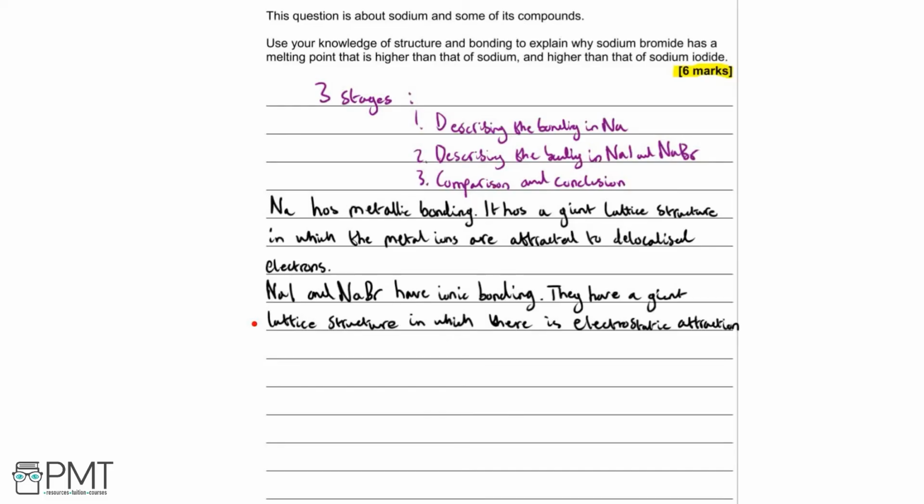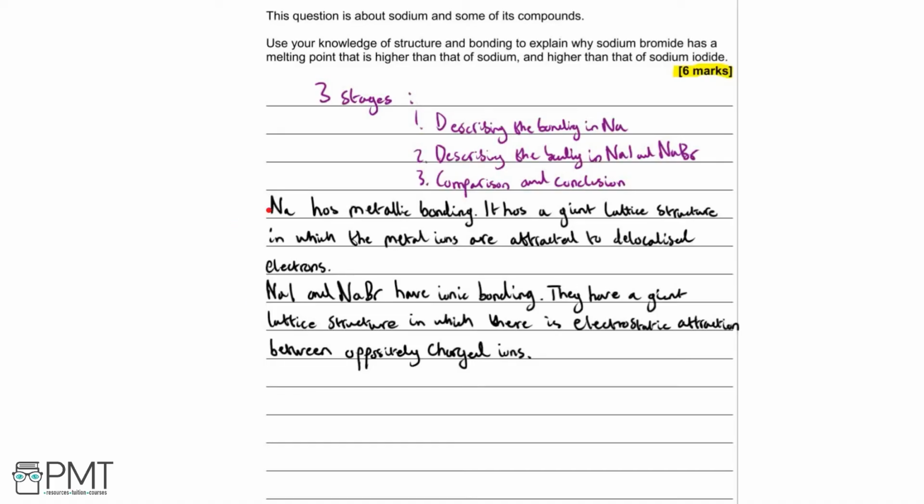And this electrostatic attraction is between oppositely charged ions. So that there is the textbook definition of ionic bonding. It is electrostatic attraction between oppositely charged ions. And that will give a complete explanation for stage 2 of this question.